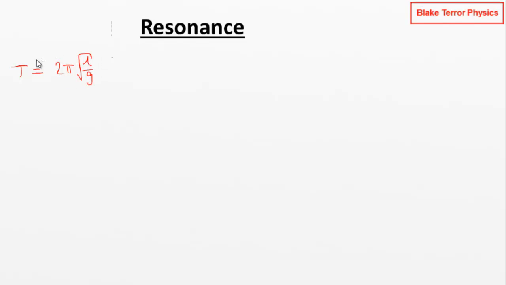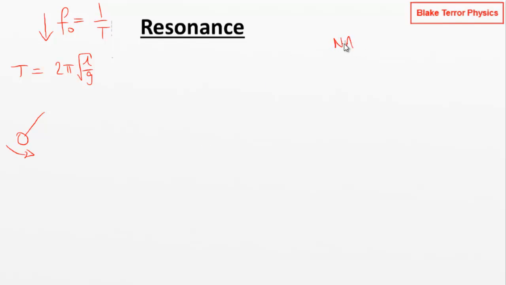So if we keep driving at the same frequency, if we keep pushing at that amplitude every time and reinforcing the motion, then the amplitude will just keep on increasing all the time, providing we're in sync with the natural frequency of the pendulum. So the natural frequency is the frequency associated with this time period. So f0 is 1 over T. That is our natural frequency.